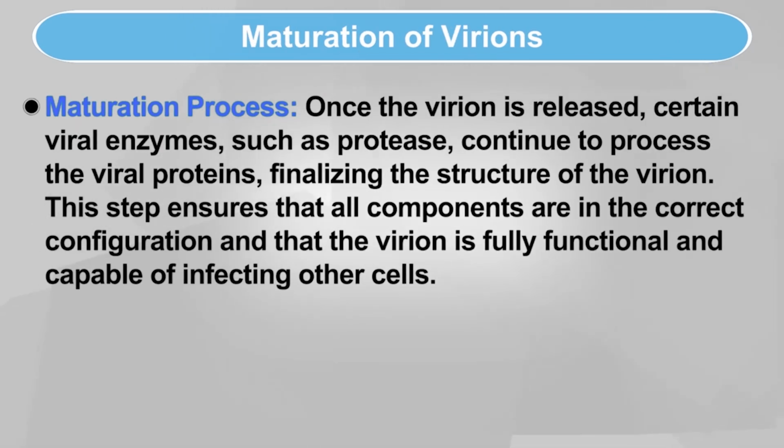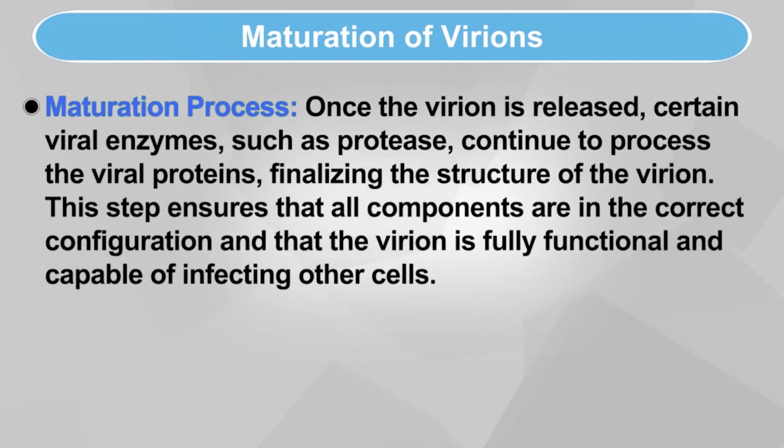In this, there is one crucial stage: maturation of virion particles. Once the virion particle is released, certain viral enzymes such as protease continue to process the viral proteins, finalizing the structure of the virion particle.